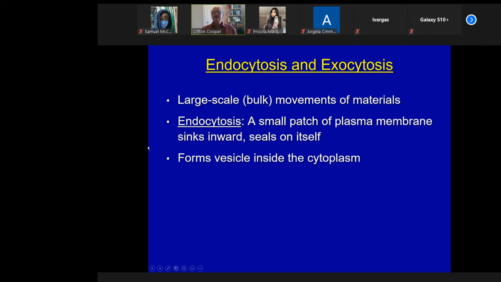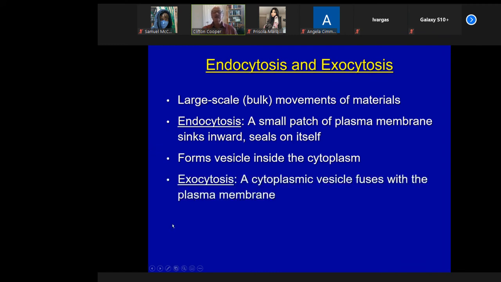So that could be, say, a food vacuole inside the cell. Exocytosis is the opposite. Some of the plasma membrane buds off and pinches off into a bubble and escapes from the cell. It's releasing, say, cellular contents to the outside.